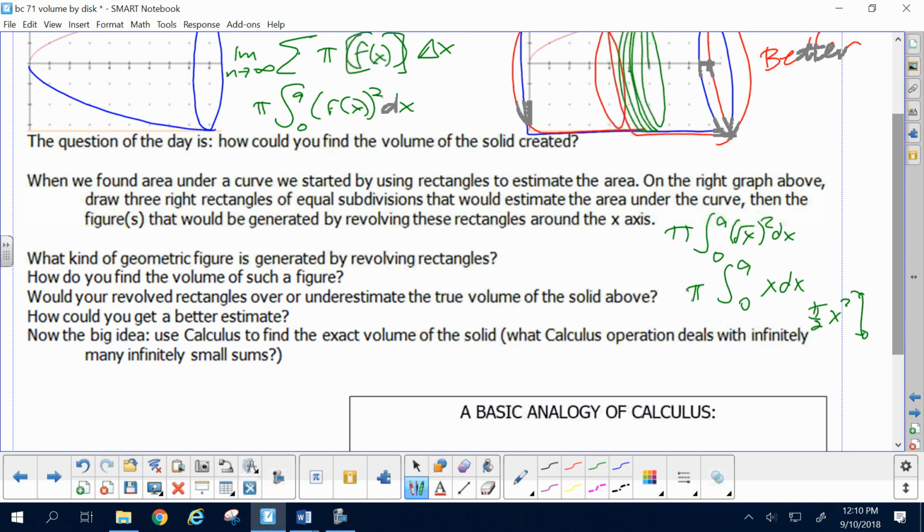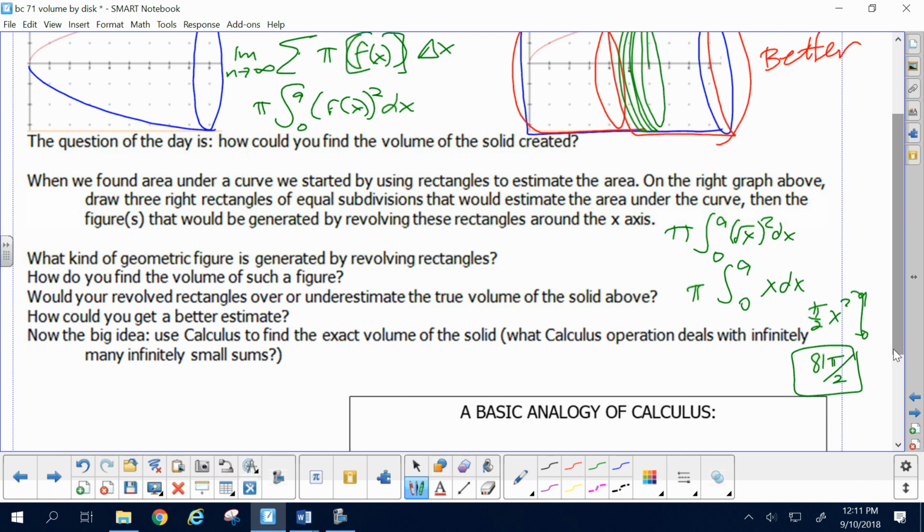The volume of that is 81 pi over 2. That is just because of the square root function. If we revolve a totally different region, we get a totally different result.